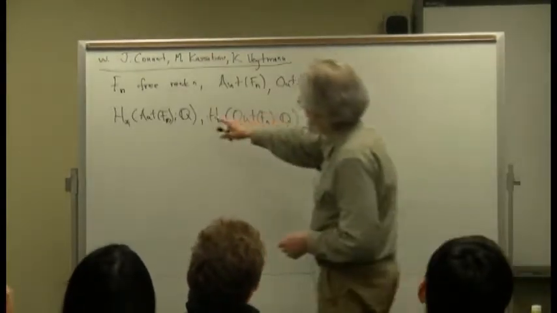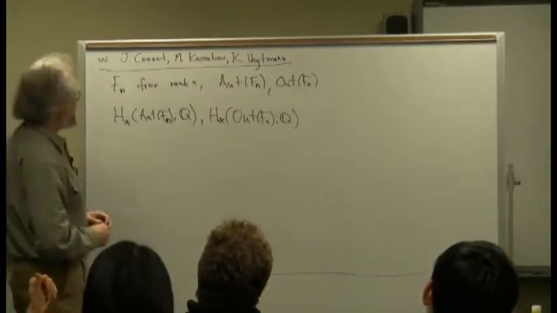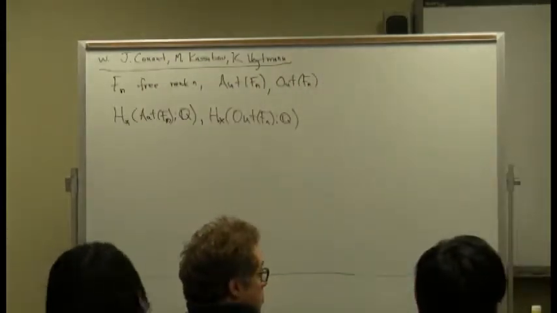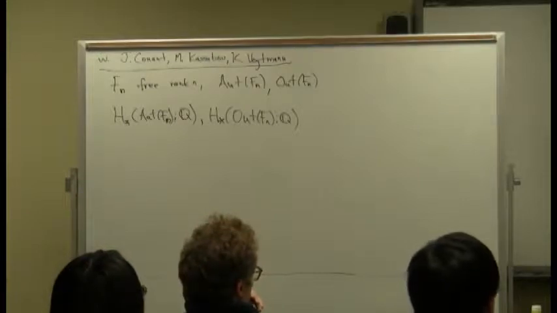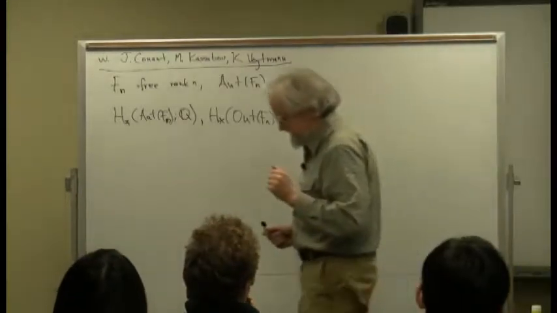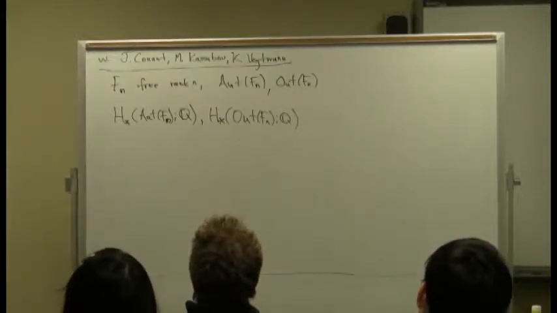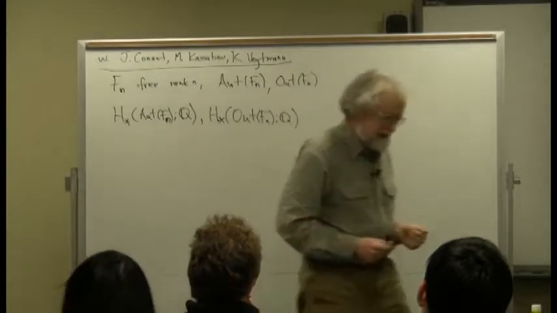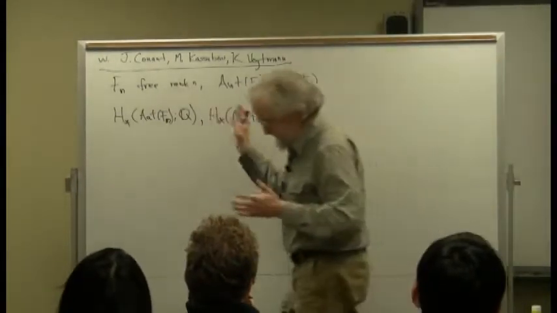But more concretely here, suppose you're looking at the mapping class group of surfaces. Cohomology there gives you characteristic classes for smooth surface bundles. And so the analog here is homology or cohomology, not much difference.